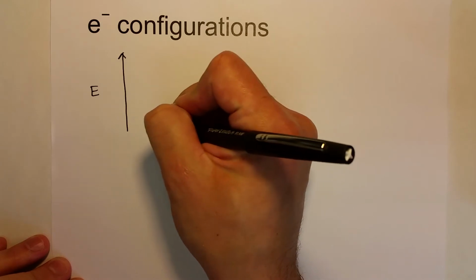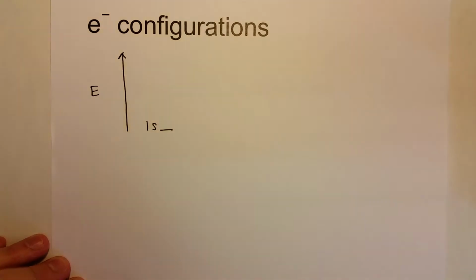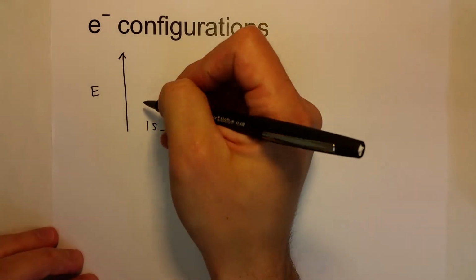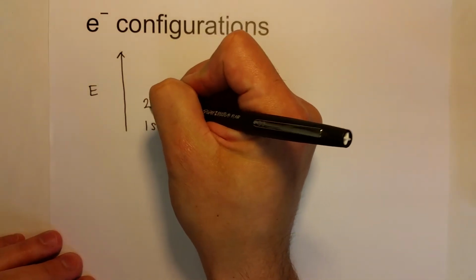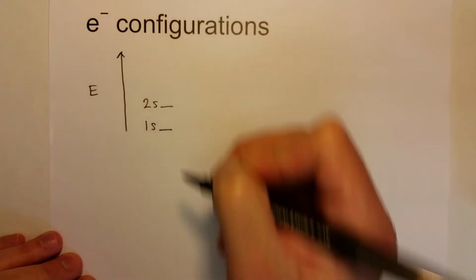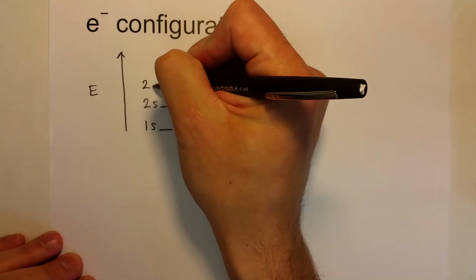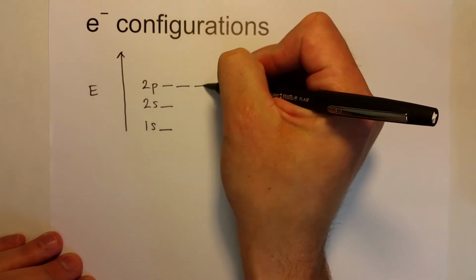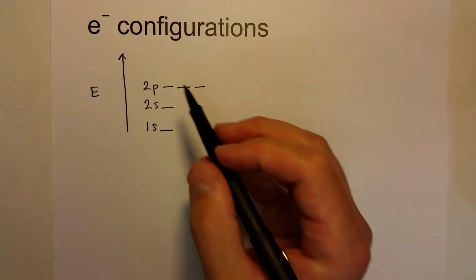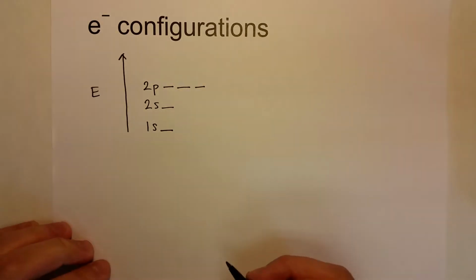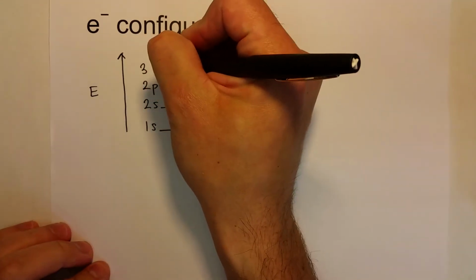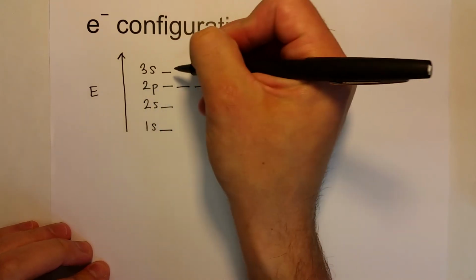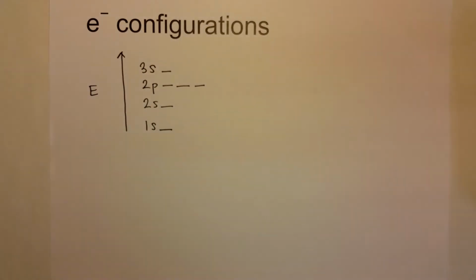Okay, so the first orbital is the 1s. The second orbital is the 2s. And then there's the 2p orbitals, which can hold 6 electrons, 2 in each orbital. And then there's the 3s with 2 additional electrons.